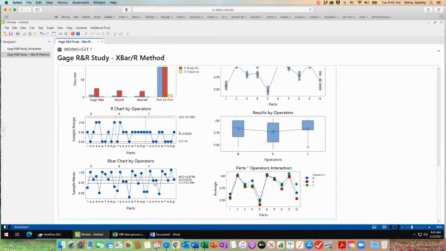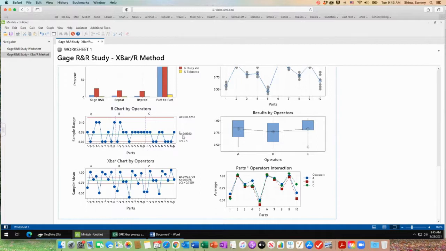Then what they're going to do is give us an X bar R chart of the data by operator. So what you will see is operators A, B, and C, and there is 10 parts for each operator. Remember, each operator measures each part twice, so that's the average of the 2 parts.